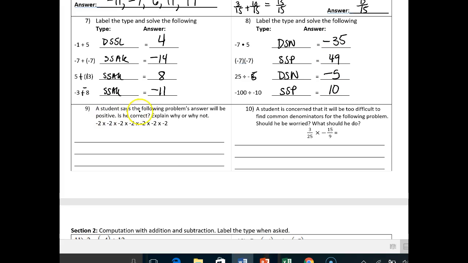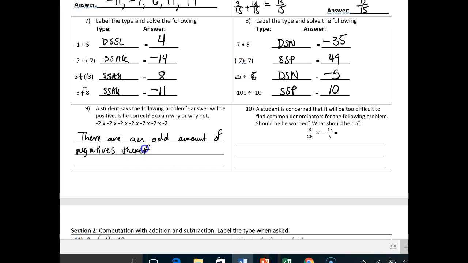All right, number 9, a student says the following problem's answer will be positive. Is he correct? Explain why or why not. We have how many negatives? 1, 2, 3, 4, 5, 6, 7. There are an odd amount of negatives.